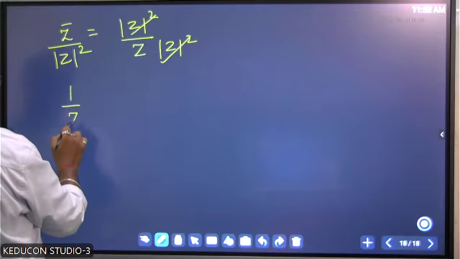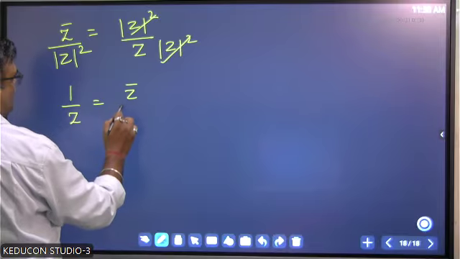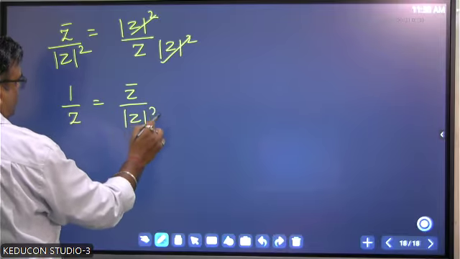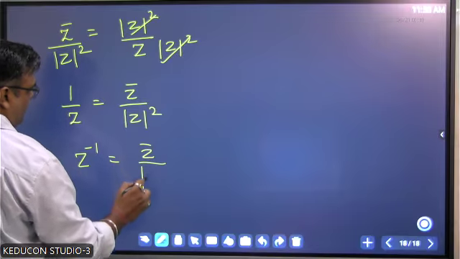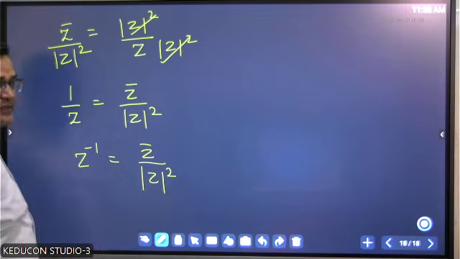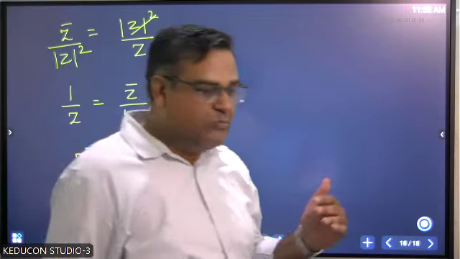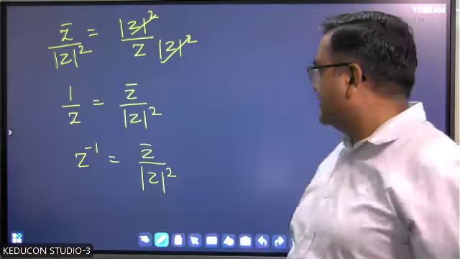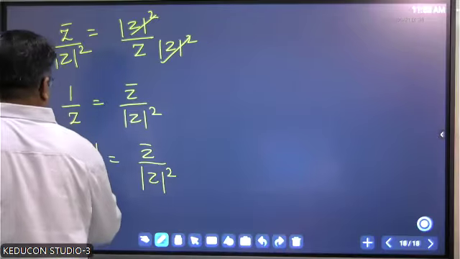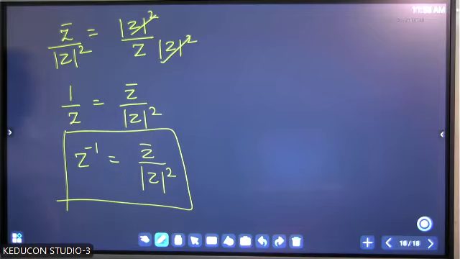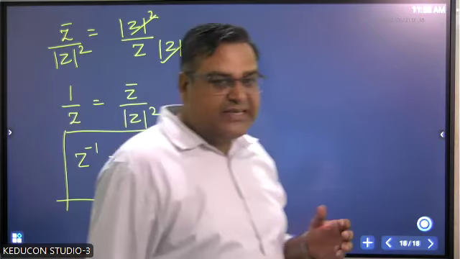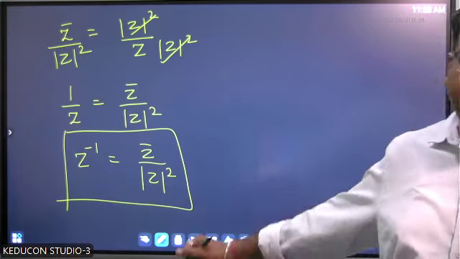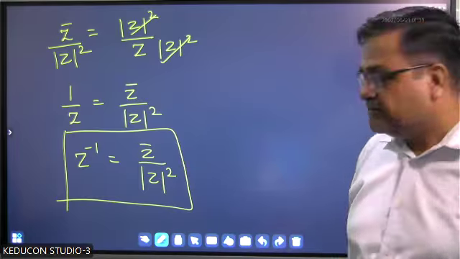So 1 by z will be equal to conjugate of z upon mod z whole square. Sometimes we also use this formula, which is a product of the result I told you earlier: the multiplicative inverse of z is equal to conjugate of z over mod z whole square, right?